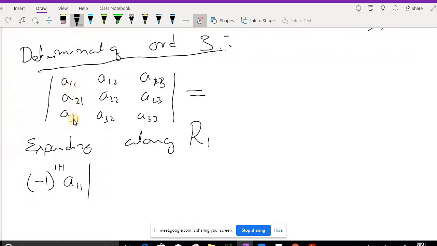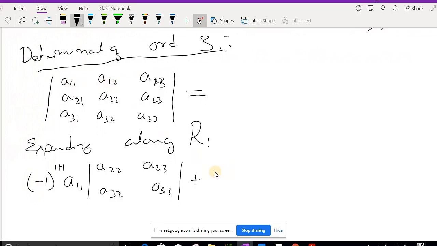Then in this column and this row we leave, the remaining determinant we write, so this will be a22 a23, a32 a33. Okay, after that you have a plus here.